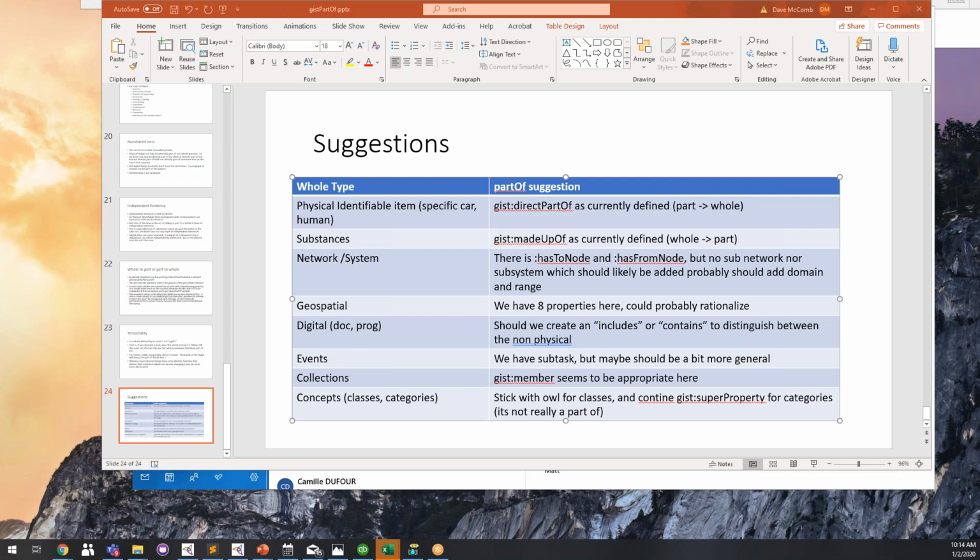But we didn't do anything about subnetworks, and almost always networks are composed of subnetworks. We should probably add that, and we shouldn't use part of, because we've got this incumbency relationship between the network and the actual equipment that's in that position in the network at this point in time. So I think we're missing something there.